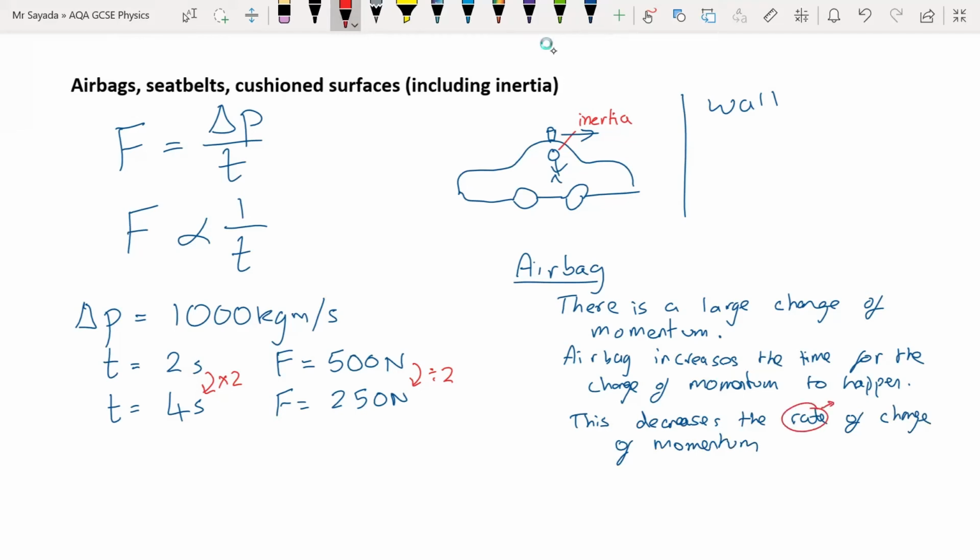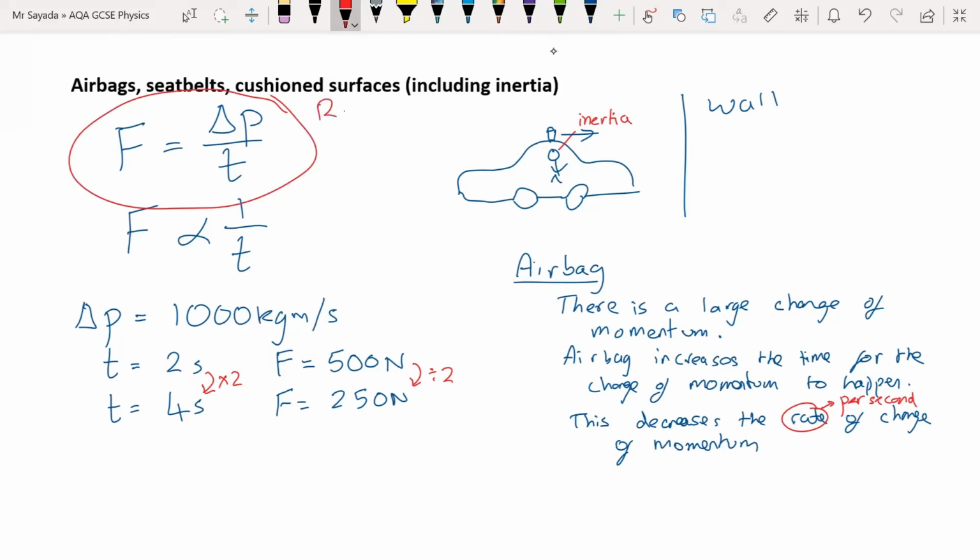The word rate always means per second. So it's kind of how fast something is happening. So if your time is being increased, so if the airbag is making your change of momentum happen slower in a longer time, that's going to decrease the amount of change of momentum you experience per second. Look at this equation over here. This says resultant force is your change in momentum per second. Resultant force is your rate of change of momentum.